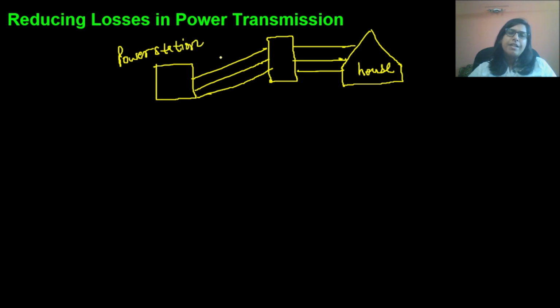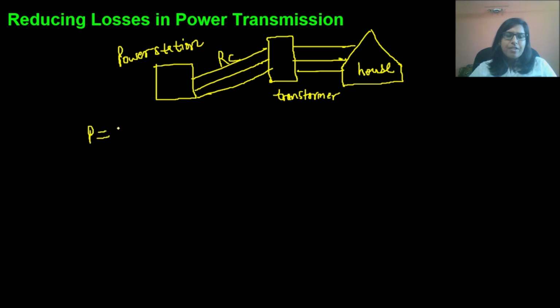There will be some resistance in these wires, and in this resistance power will dissipate. Now how can the power dissipation be made very small?